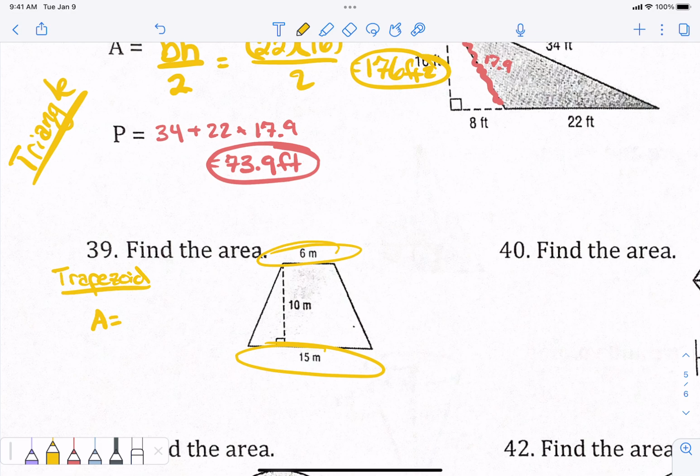To find the average, I take base 1 plus base 2 and divide by 2, or take half of it. Half of base 1 plus base 2 will give me the base, and then I just multiply by the height. Does that make sense? You average the bases together and then multiply by the height. Okay? So half times 6 plus 15 times 10. 6 plus 15 is 21. So 21 times 10 divided by 2, or half.